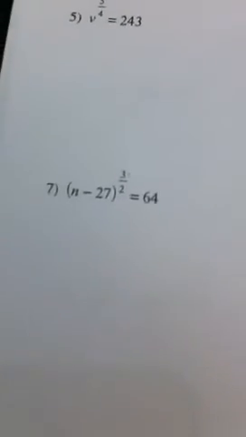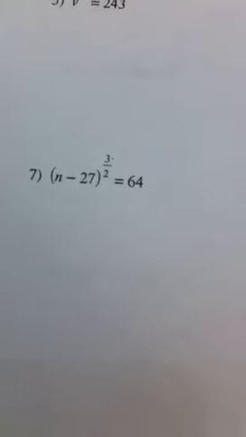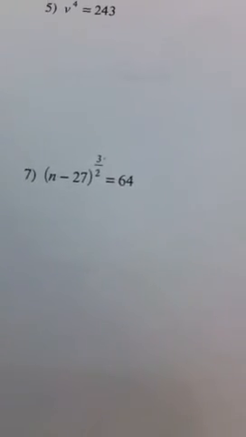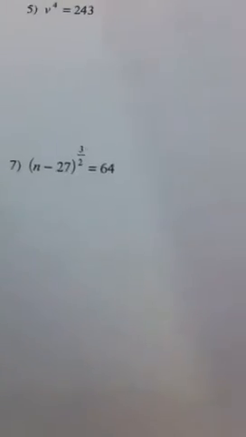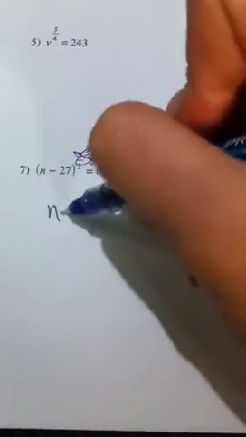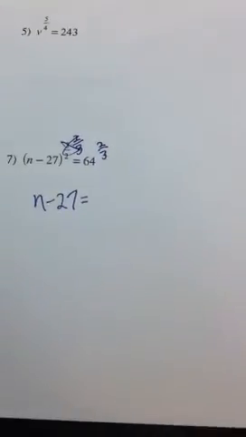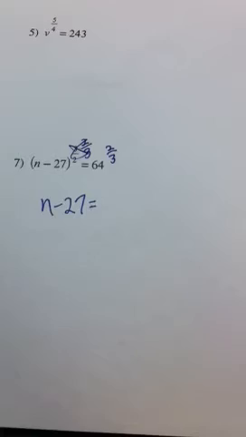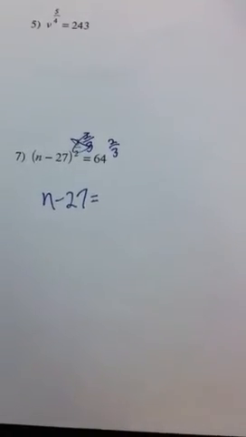How about 7? n minus 27 to the 3/2 equals 64. Okay, well the radical is already isolated, so first I'm going to get rid of that exponent, the 3/2, but I'm going to use the exponent of 2/3 to get rid of it. Like so. So I have n minus 27 on the left, because the 2/3 and 3/2 are inverses, so they cancel each other out.